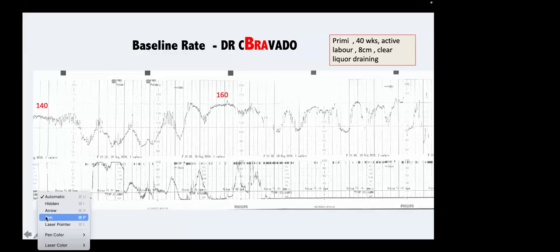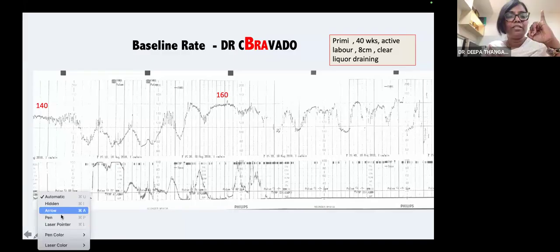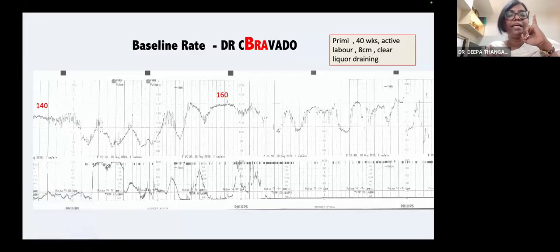No, ma'am. Whenever you assess a baseline, you have to see that the baseline is a single line, a single denominator. As a 40 weeker, we are expecting something around 110, 120, 130, 140, not more than that. That is baseline appropriate for gestational age.